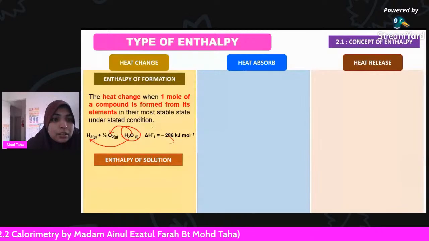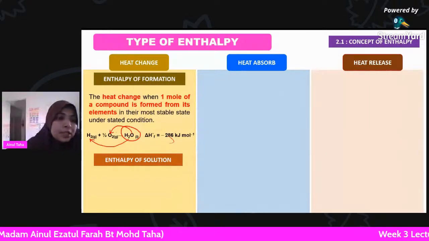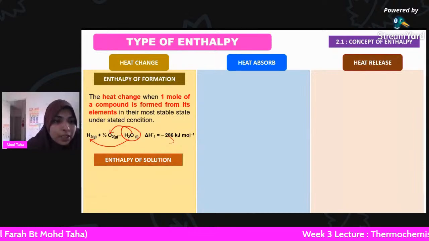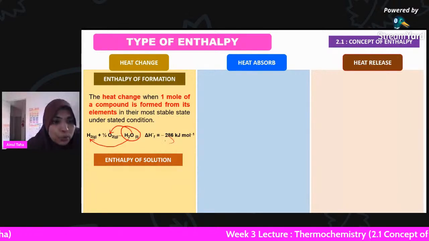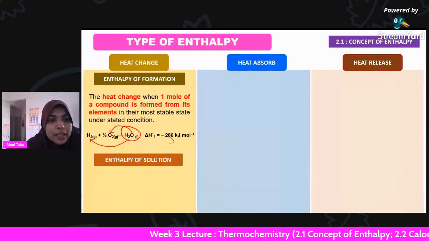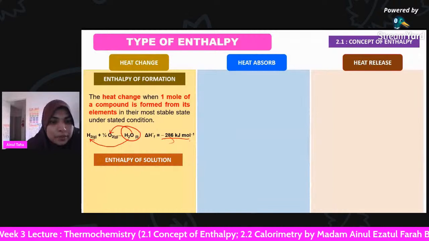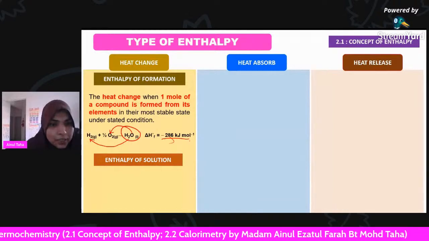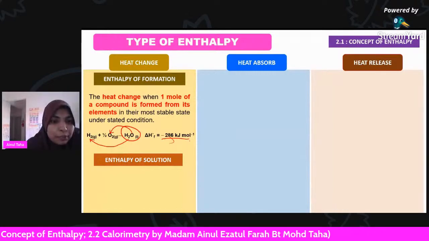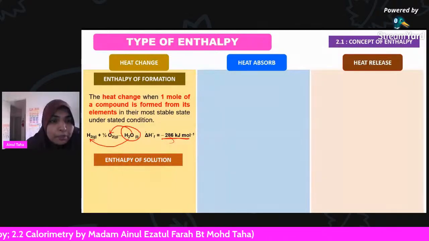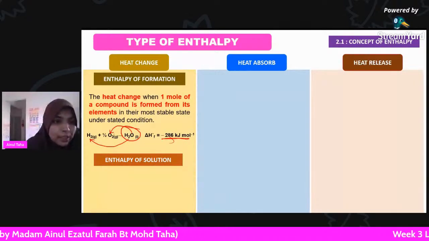Hydrogen and oxygen, so the most stable state is H2 and O2, and this is the enthalpy. The enthalpy is very specific, and normally the value will be given, but you must know how to write the thermochemical equation.